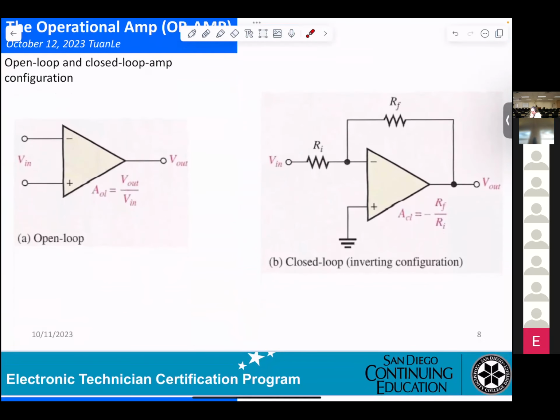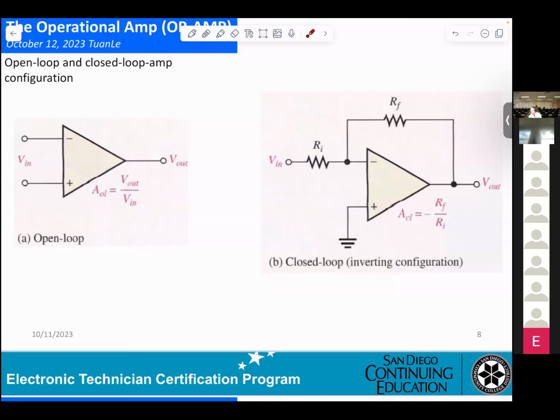Open loop and closed loop amplifier. This is the open loop. You get input positive, input negative, and that's Vout. So AOL, remember, open loop gain, equals Vout divided by Vin.